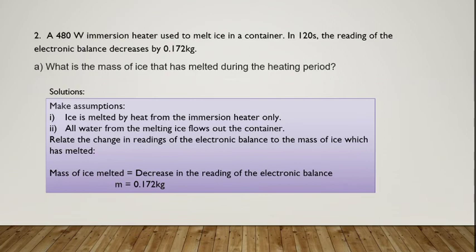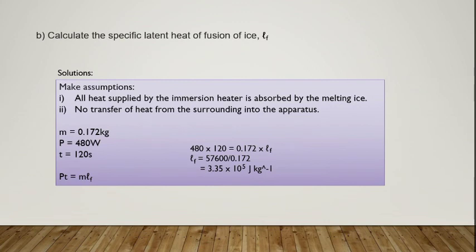Relate the change in reading of the electronic balance to the mass of ice which has melted. Mass of ice melted equals the decrease in the reading of the electronic balance, which equals 0.172 kg. Calculate the specific latent heat of fusion of ice.